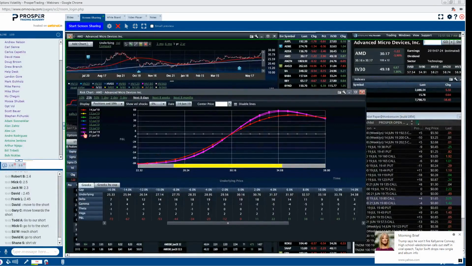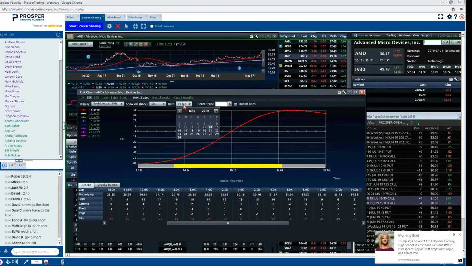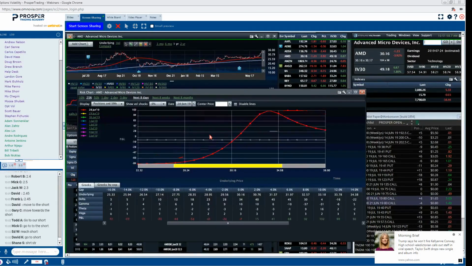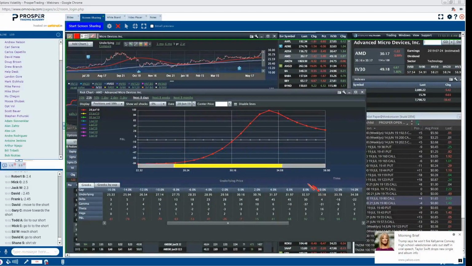by the June 28th expiration, look at that. Look at the reward to risk there.